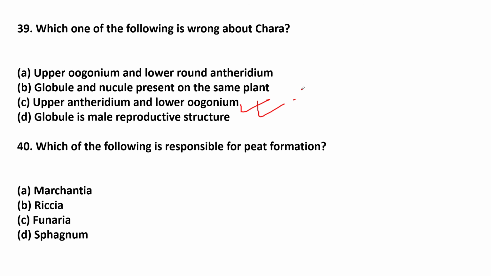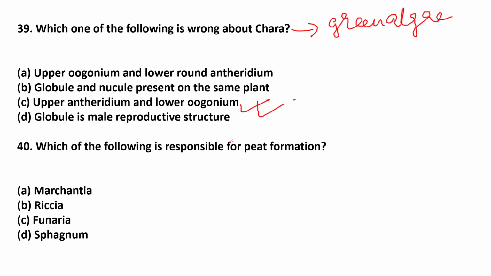Chara is a green alga found attached to the bottoms of shallow water of ponds and pools. The male sex organ is called antheridium and the female sex organ is called oogonium.